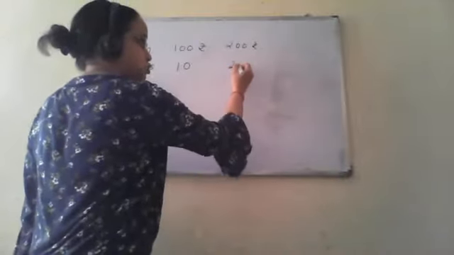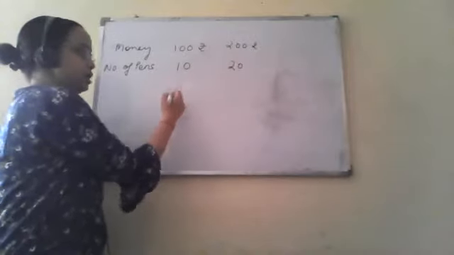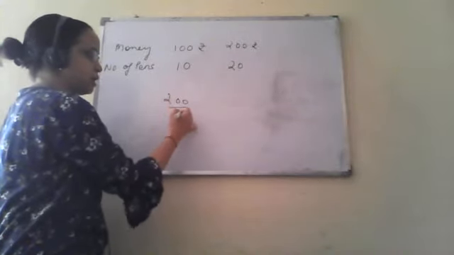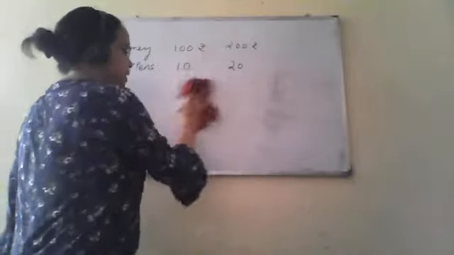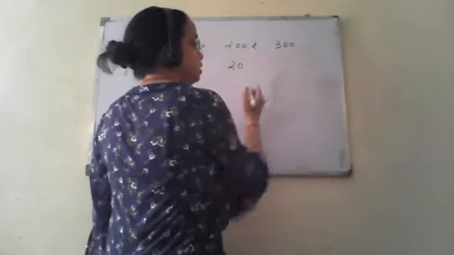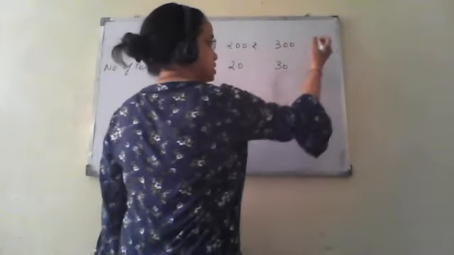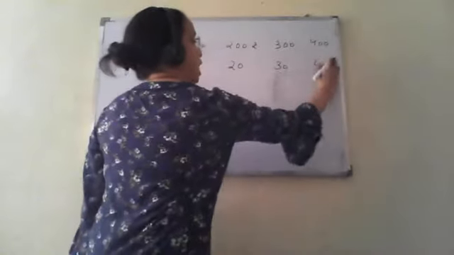Obviously you can purchase 20 articles, because the cost of one article is 10. Similarly, when you have 300 rupees, you can buy 30 articles. When you have 400 rupees, you can buy 40 articles.